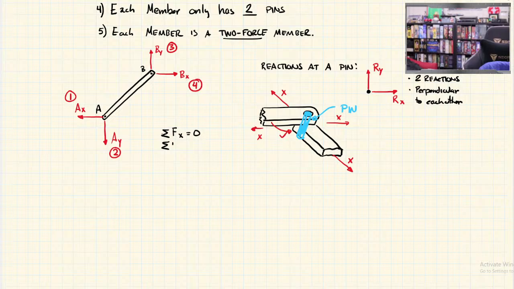We had the summation of forces in the y direction equals 0. We also had z, summation of forces in the z direction equals 0, except we're in 2D right now, so we don't have z at all. These were our static equilibrium equations.